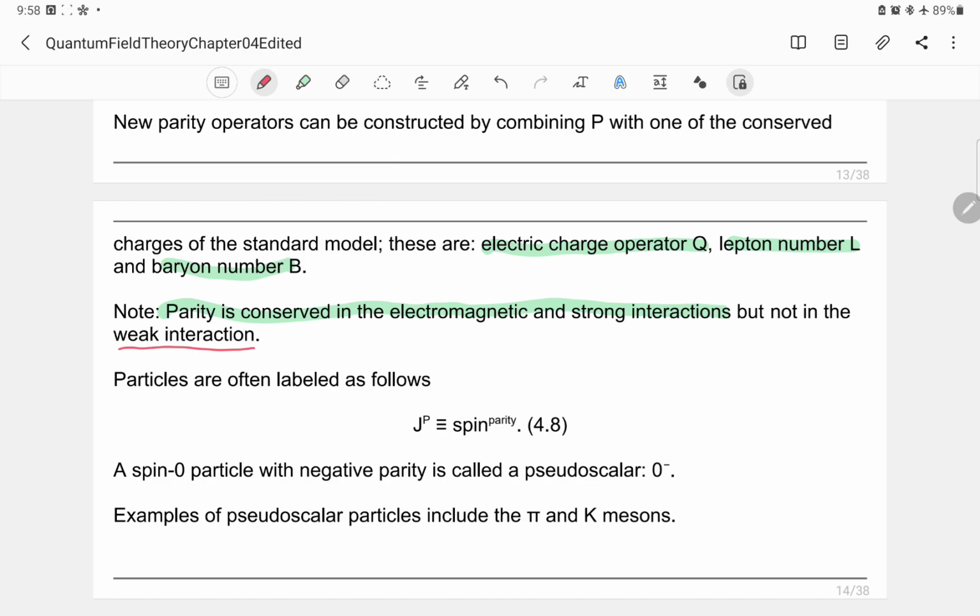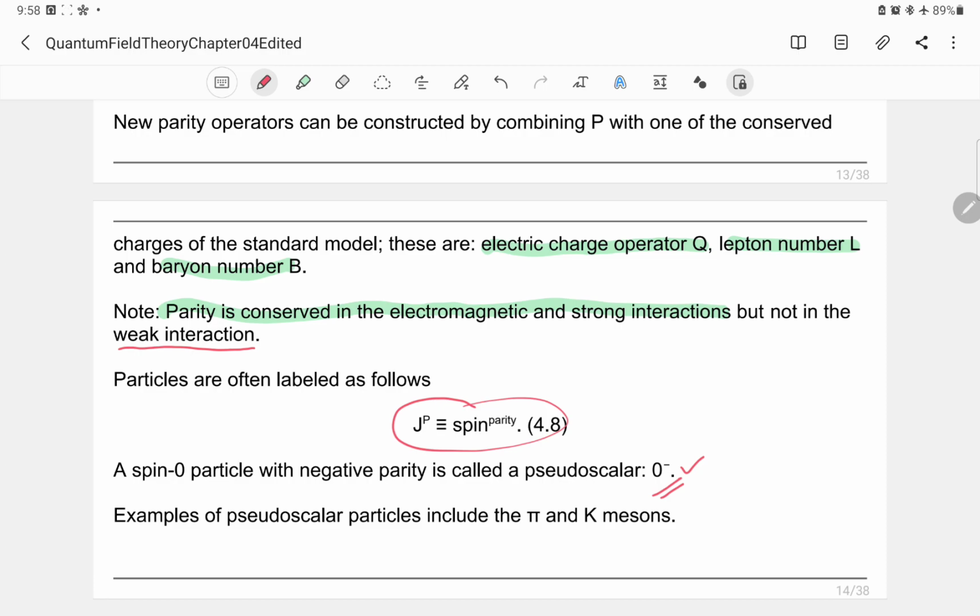By the way, there is a labeling of particles. Here you have JP. The J here will just be spin, and P will just be parity. A spin 0 particle with negative parity is a pseudoscalar, and they are represented by this JP labeling.